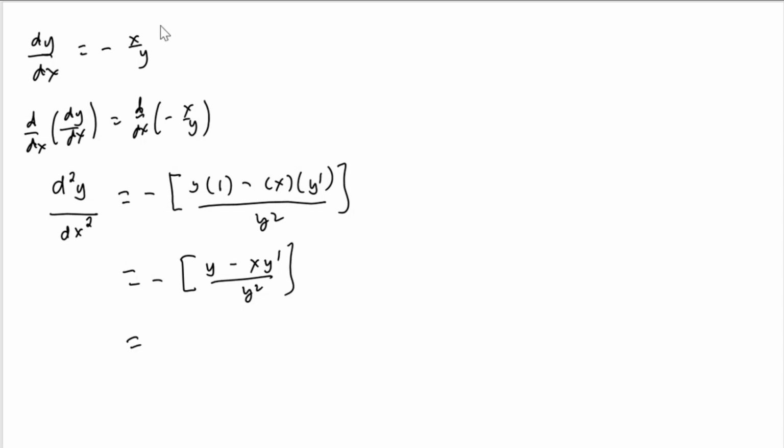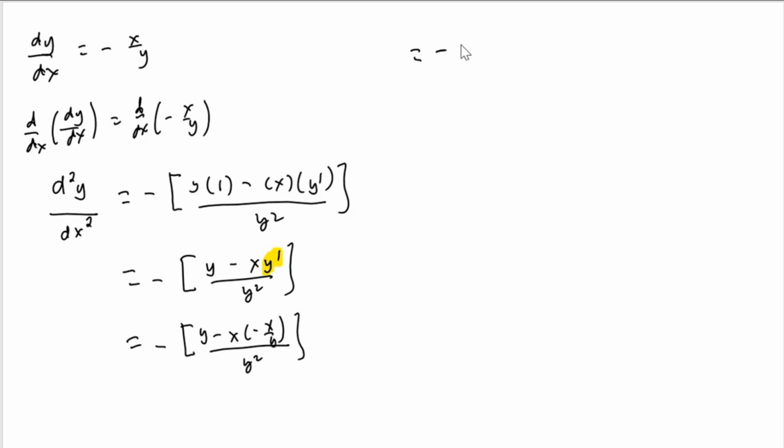But we know the meaning of y prime: y prime is negative x over y. By substitution, we have the negative of y minus x times negative x over y, all over y squared. The continuation will be here.